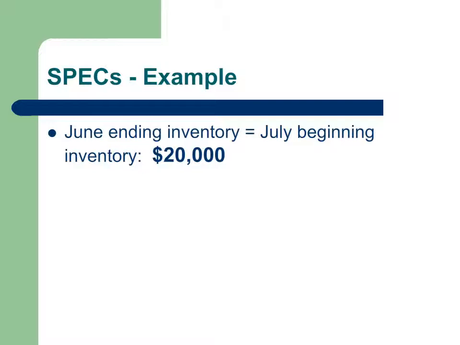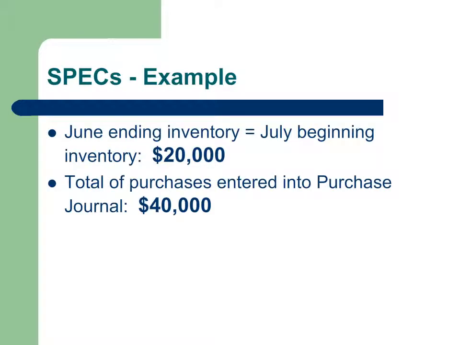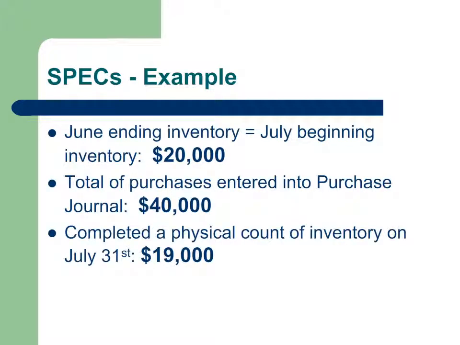This may be determined through the company's purchase journal, purchase orders, or billing statements and receipts from the vendors. In our example, Roger purchased inventory totaling $40,000 in July. At the end of July, Roger took a full inventory to determine the ending inventory. The total inventory at the end of July was $19,000.